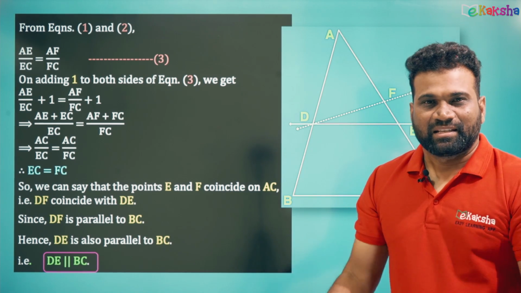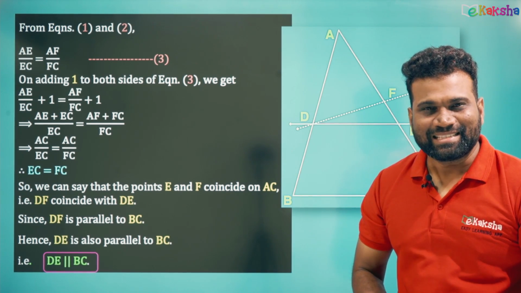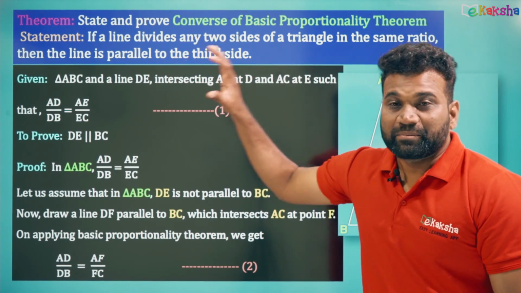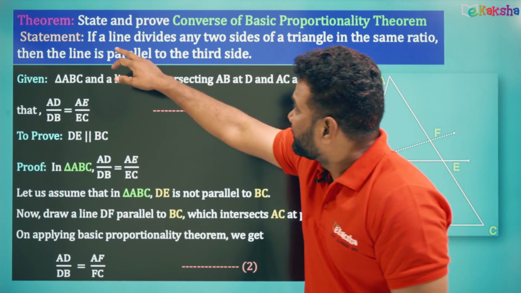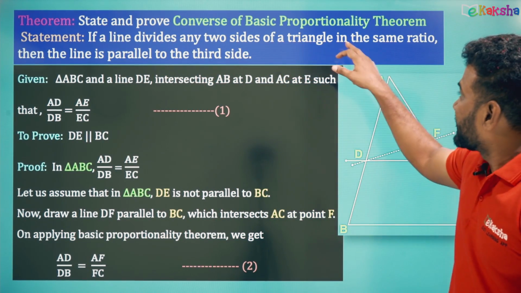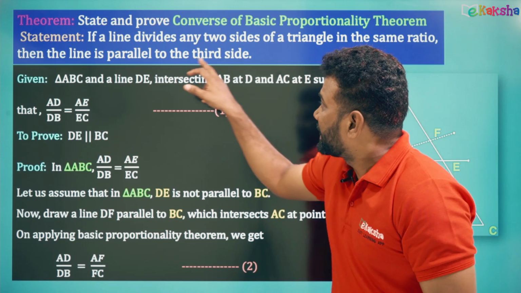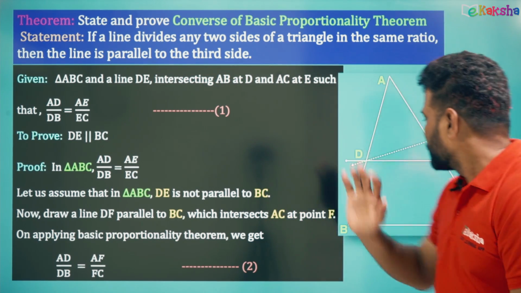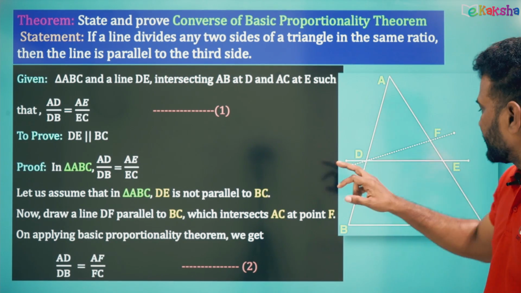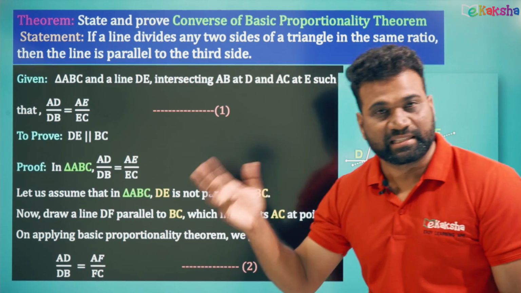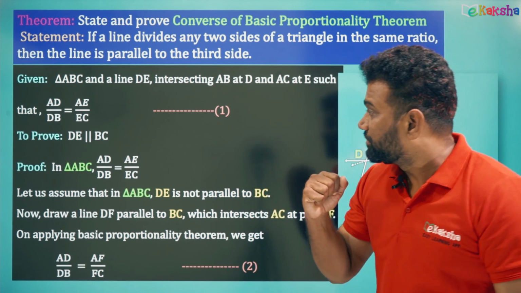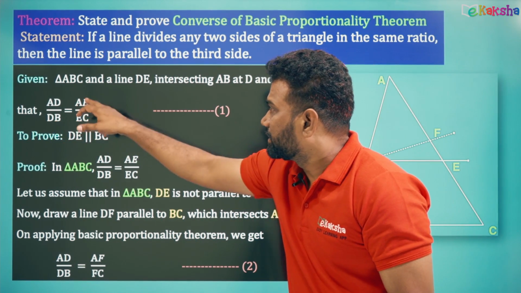Clear? Shall we discuss once again briefly? Okay. Here is the statement of the theorem. If a line divides any two sides of a triangle in the same ratio, then the line is parallel to the third side. For that we took a triangle and a line which divides the other two sides in the same ratio. According to the given information, we got AD over DB equal to AE over EC.